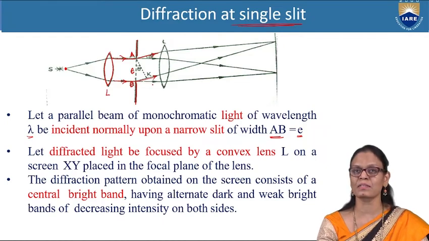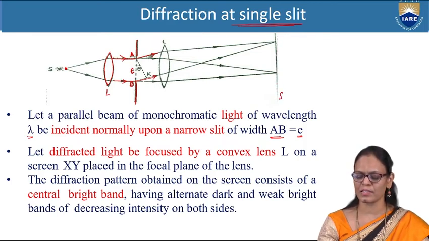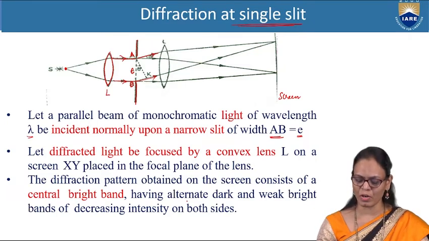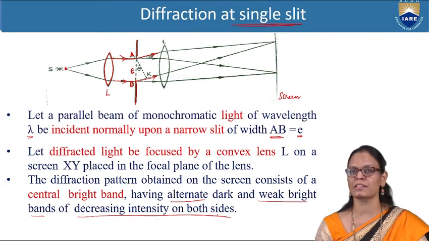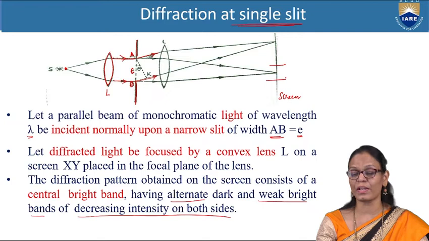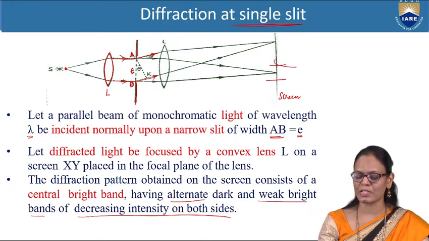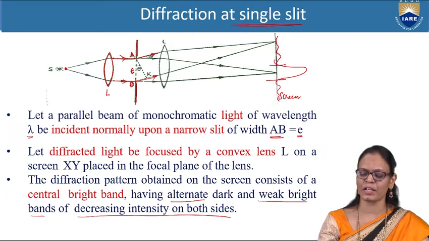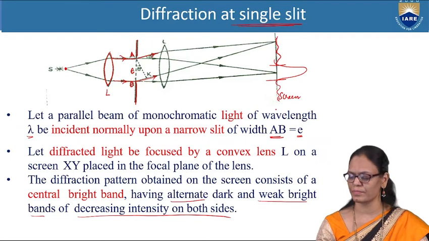Because of the bending, on this screen we see a diffraction pattern: alternate dark and weak bright bands of decreasing intensity. We have already discussed that in diffraction, the central one is always bright, so we have a central maxima like this. Then as you go, the intensity keeps on decreasing. These are different orders.